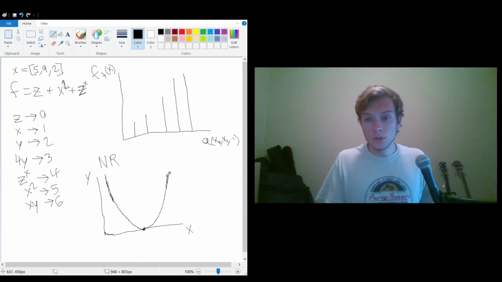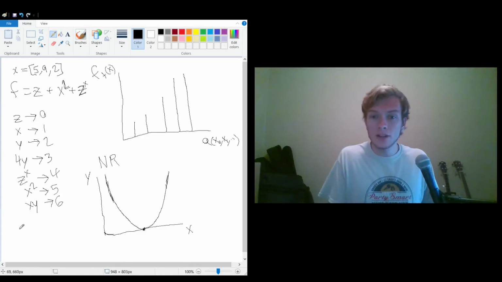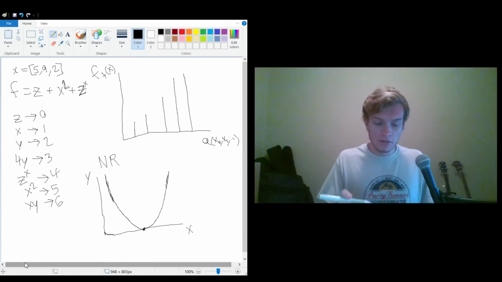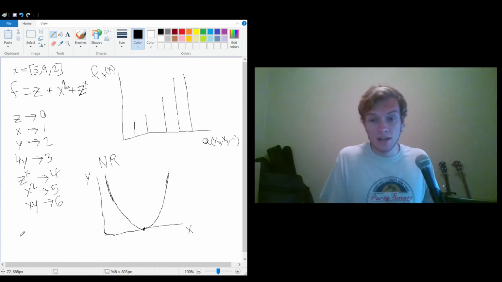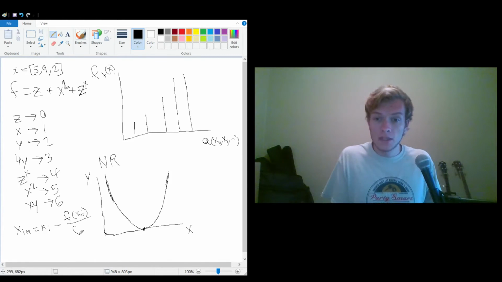The Newton-Raphson formula is a way of improving upon a guess, by the algorithm x_{i+1} = x_i - f(x_i) / f'(x_i), the value of the function at x_i over the first derivative of that function at x_i.